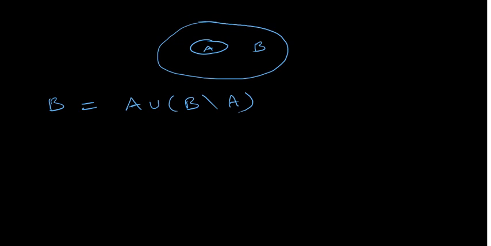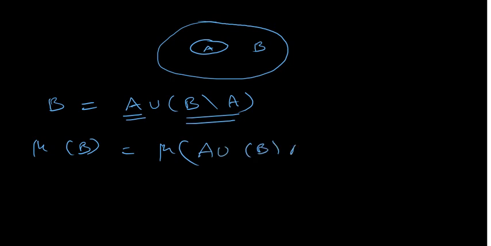These two things are disjoint now, and they are also measurable, because A is measurable, B is measurable, so B minus A is also measurable. So it is the disjoint union of two measurable sets. Which means mu of B is equal to mu of the disjoint union, and we can apply the finite additive property of measure.